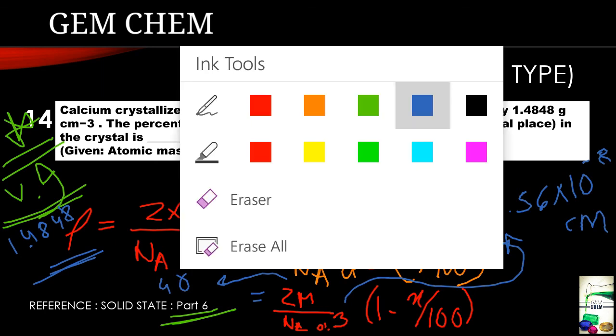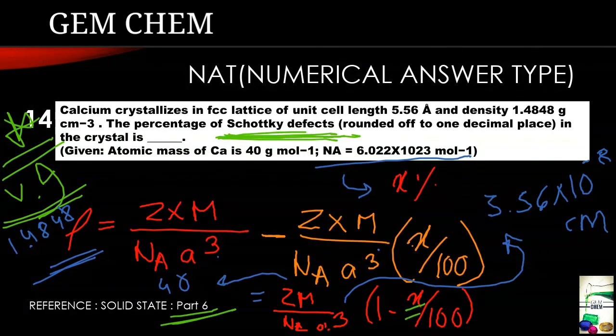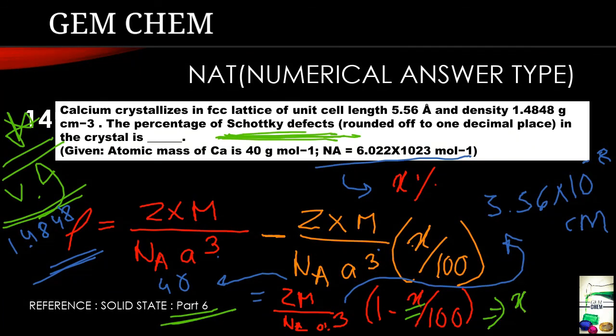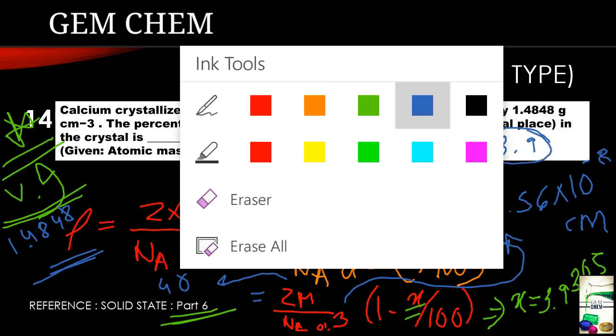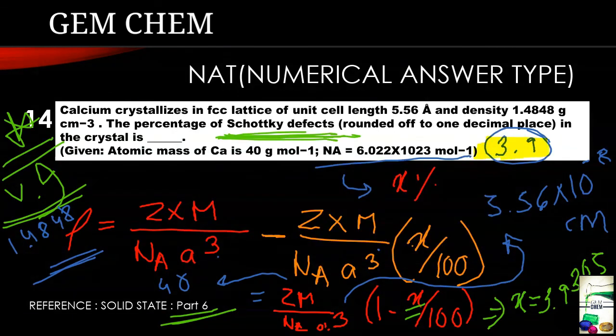So on substitution, ultimately we have to get the value of X, and X comes to be 3.9305. It is very important to understand that it is told to round off to 1 decimal place. So our ultimate answer will be 3.9. This is our answer. So this is an important question, and we have to remember that this is our answer, 3.9.